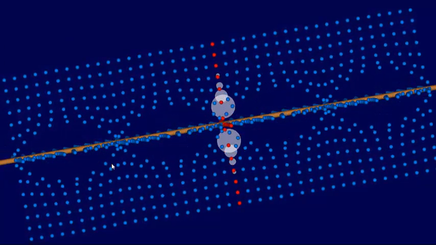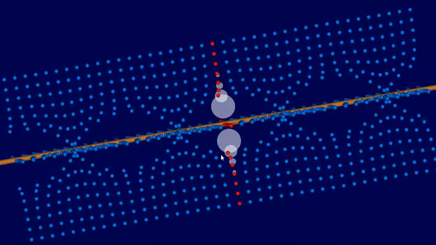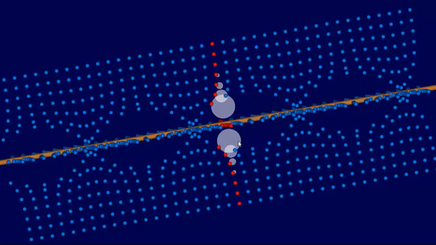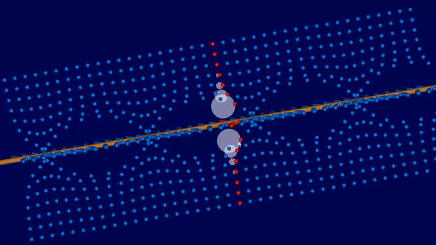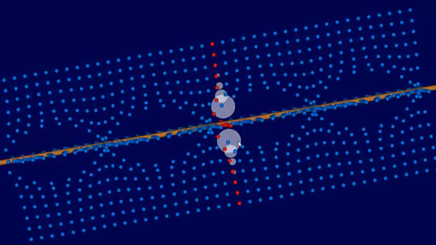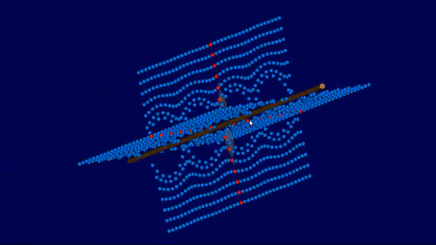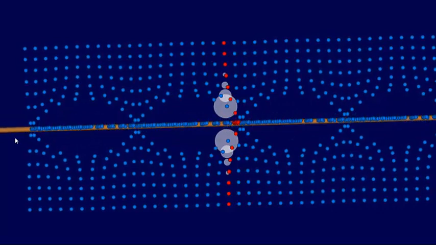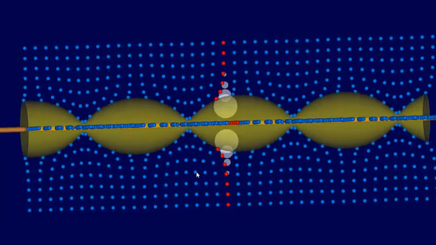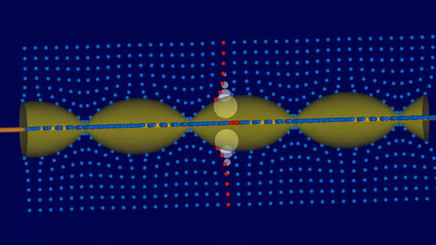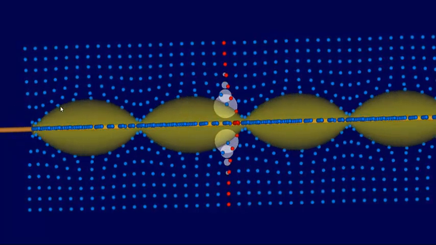Now here's an important point. If you are standing on the other side of the wire looking at me, you're going to see the opposite of what I see. You're going to see the electrogen blowing from right to left.